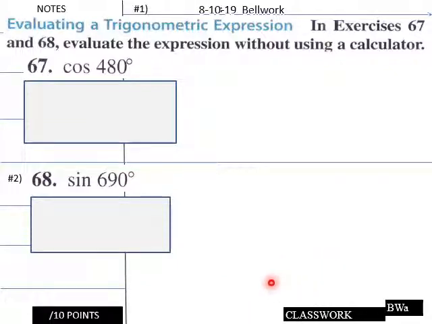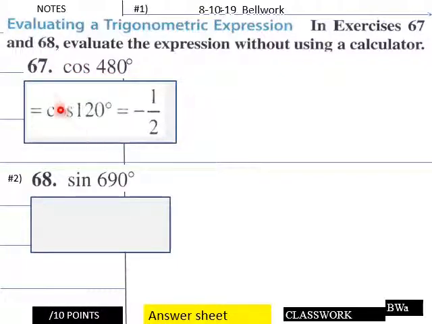Welcome back, everybody. For number 67, cosine 480 degrees is actually cosine 120 degrees, which equals -1/2. You subtract 2 pi from that and you end up with 120, which comes out to being -1/2 for cosine 120.